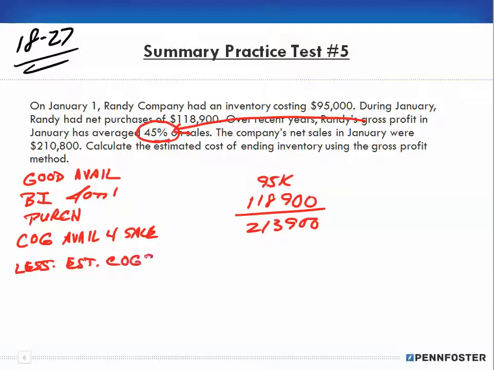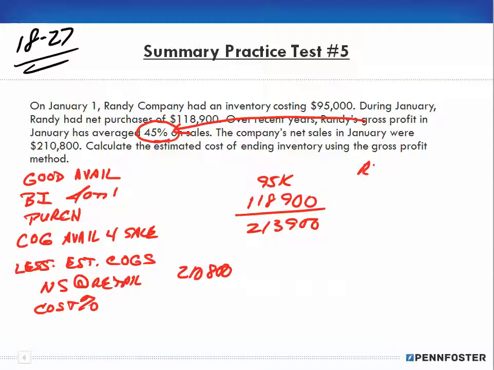Now, in order to do that, we have to take our net sales at retail, which is 210,800, and we're going to multiply that by our cost percentage. Now our cost percentage, well, this is where this gross profit percentage comes in.